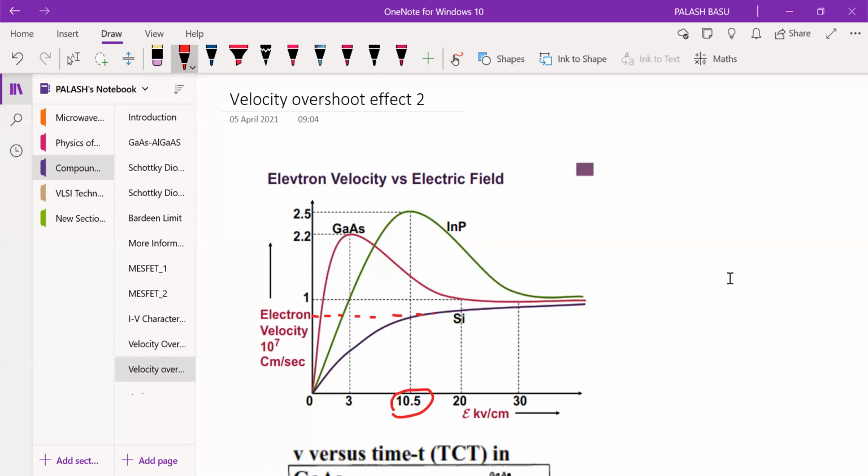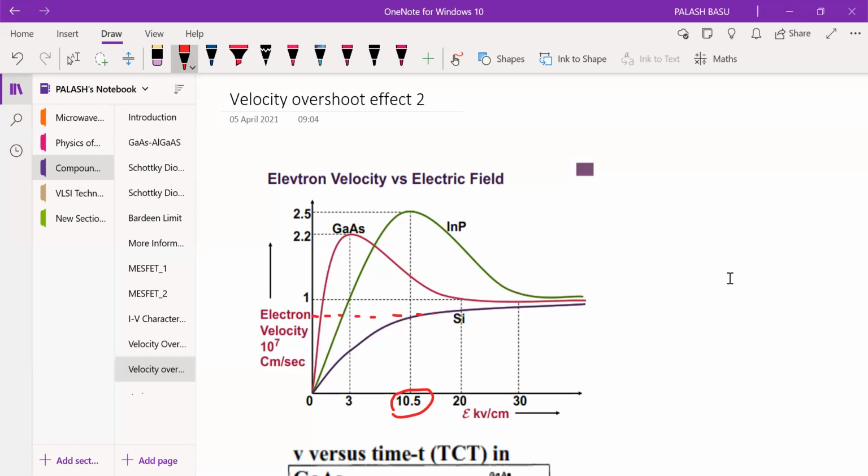So this you please remember. But it's not that people are not fabricating indium phosphide based MESFET or HEMT devices. People are fabricating, but if you want to get the full benefits out of that MESFET or HEMT, gallium arsenide is a natural choice, right?